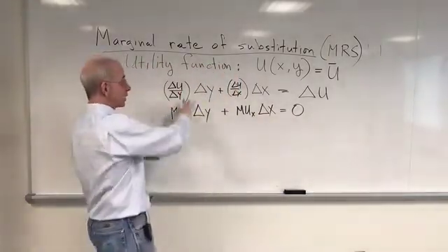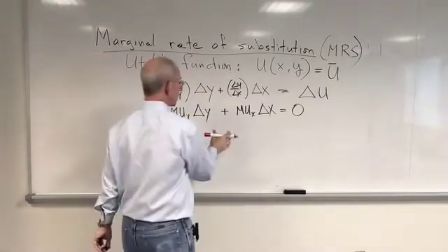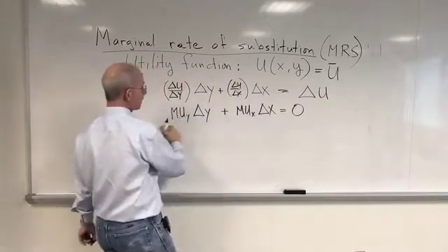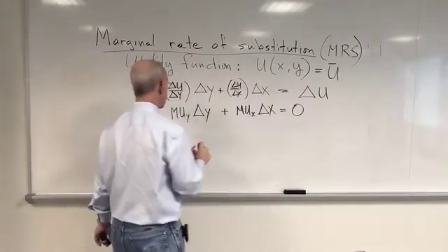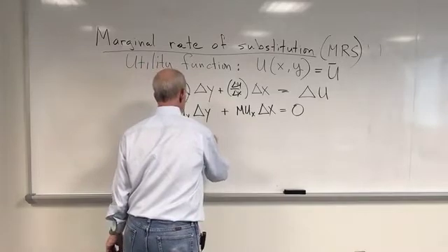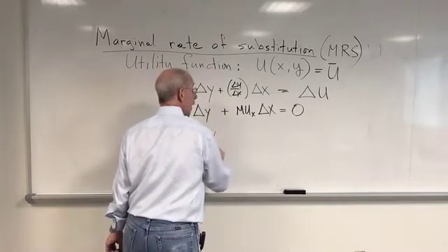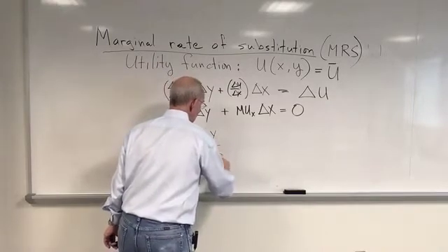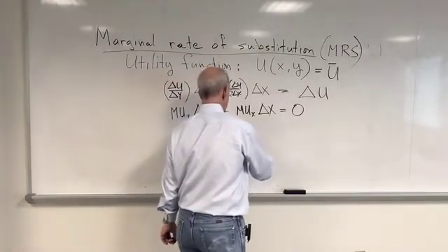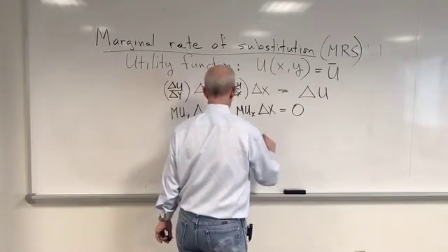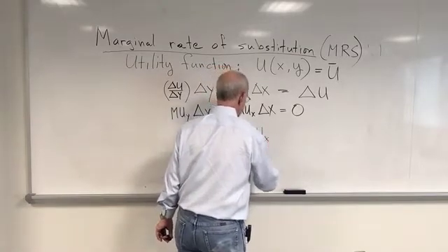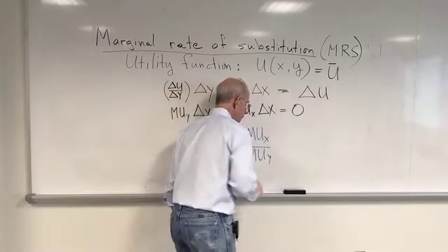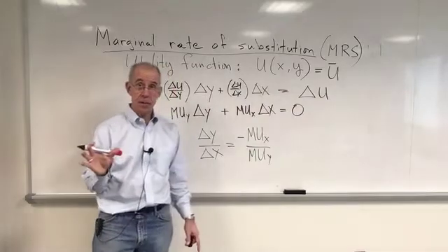Now let me just rearrange this. I'm going to pull this over to the right-hand side and divide through by the marginal utility of Y. So what I get here is that the change in Y over the change in X is going to be equal to negative the marginal utility of X over the marginal utility of Y. Now, a couple of things to note here.